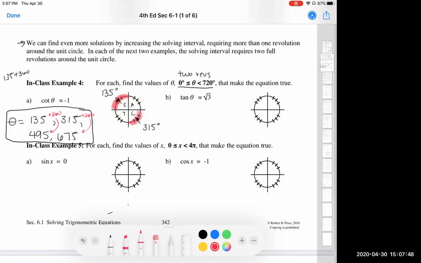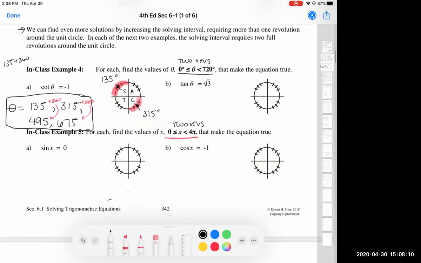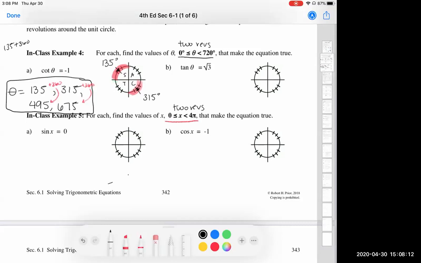Same thing for in class example 5. We see that we want to work with, well, we know one trip around the circle is 2 pi. Another trip around the circle will be another 2 pi. So that's also 2 revolutions. All right, let's go ahead and do A. When is sine 0? Well, sine is 0 at 0 and at pi.